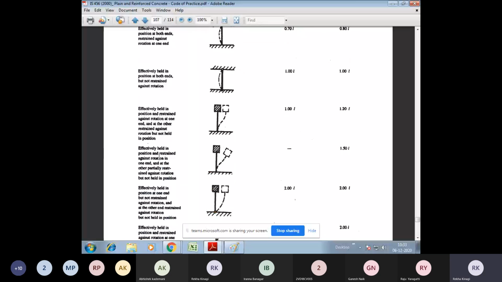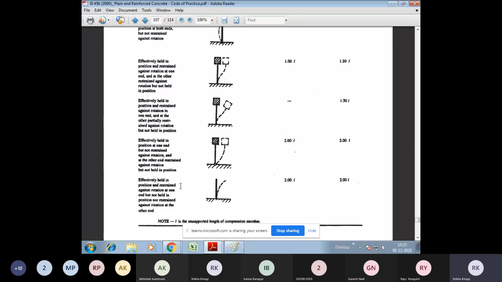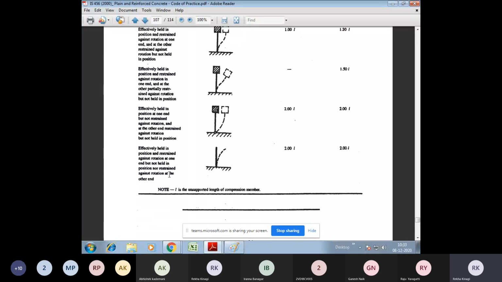Effectively held in position and restrained against rotation at one end and, at the other, partially restrained against rotation but not held in position. Effectively held in position at one end but not restrained against rotation, and at the other end restrained against rotation but not held in position.